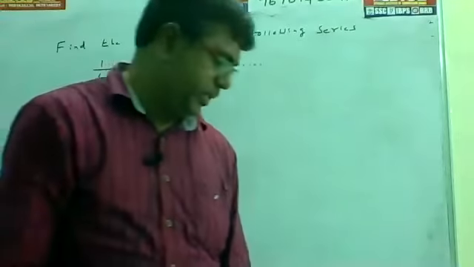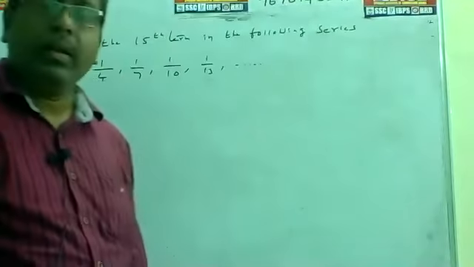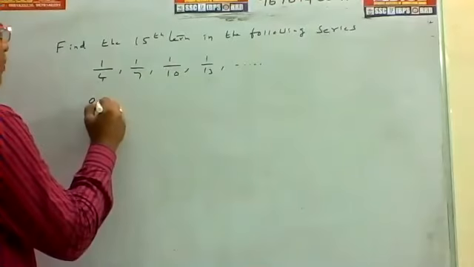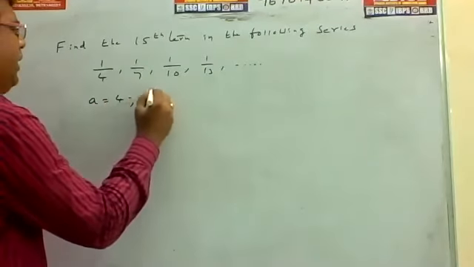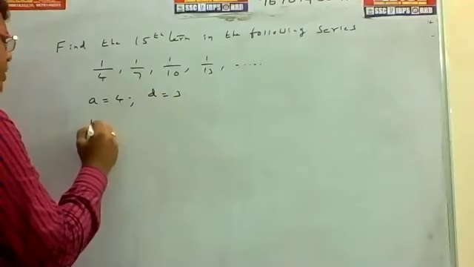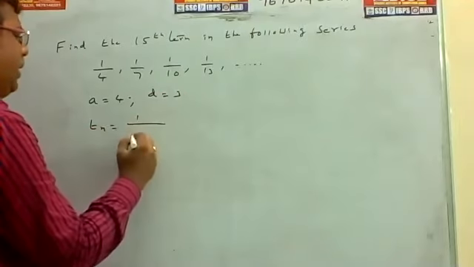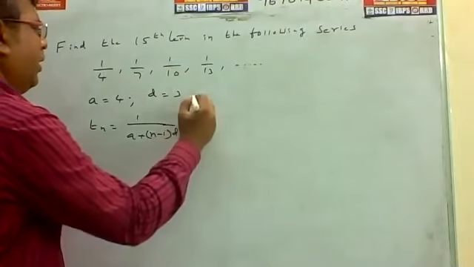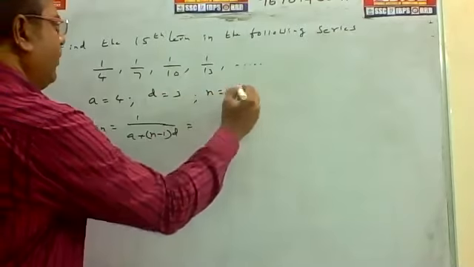Here A is equal to 4, D is equal to 3. So Tn is equal to 1 by A plus n minus 1 into D, and n is equal to 15.